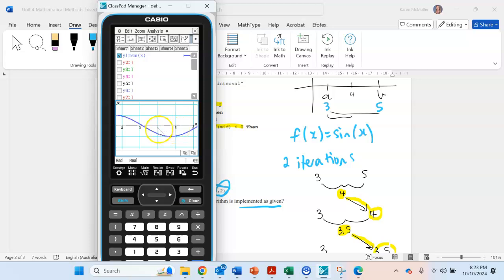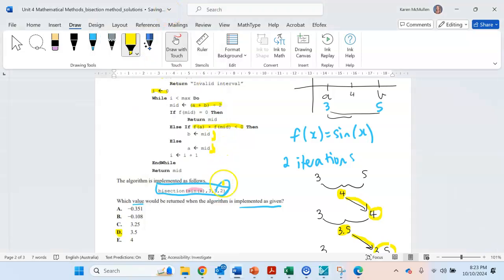It went from 5 to 4, and then 4 to 3.5. If we did another iteration, it would go to 3.25, because the intercept is somewhere between 3 and 3.25. But we only had to do 2 iterations. Remember, the max was 2. So we're stopping at 3.5.